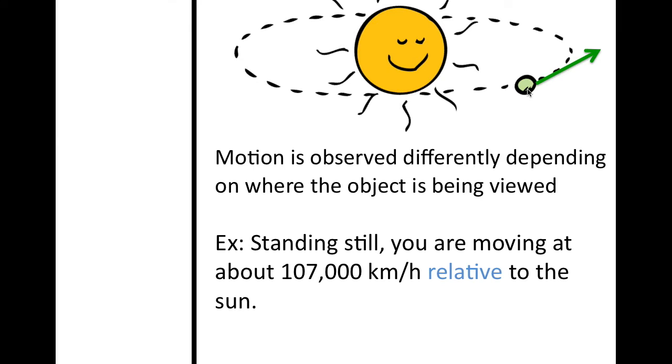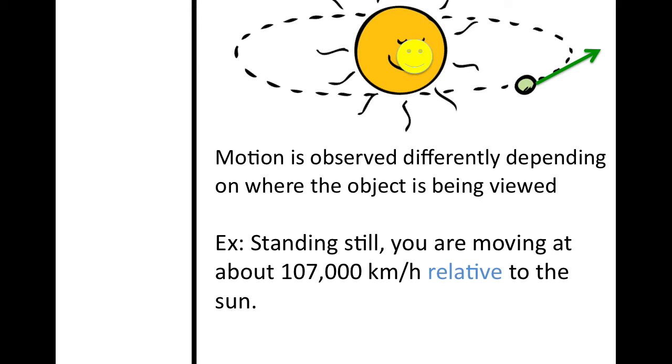So when we're on Earth, we are moving. However, depending on where you are being observed from, the motion is observed differently. So let's say you are on Earth standing still, okay? And we know that we are moving at the speed of Earth, which is 107,000 kilometers per hour, relative to the sun. So if someone were looking at us from the sun, if that was even possible, they'd be dead.